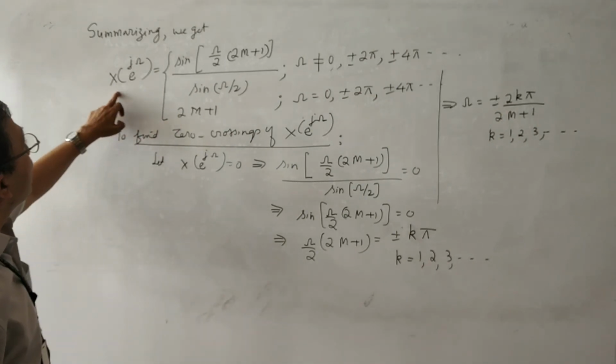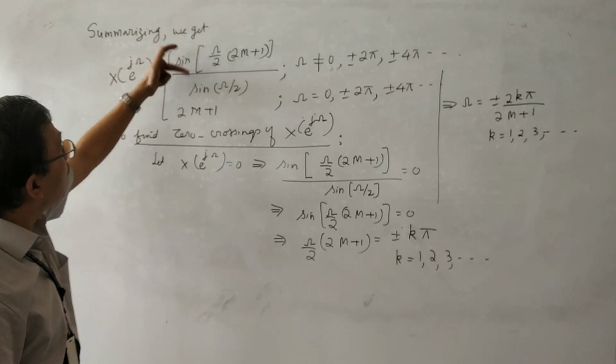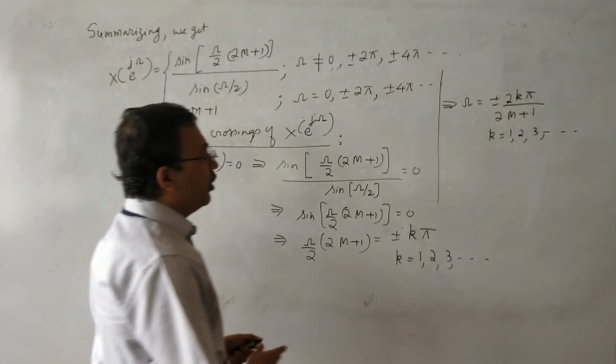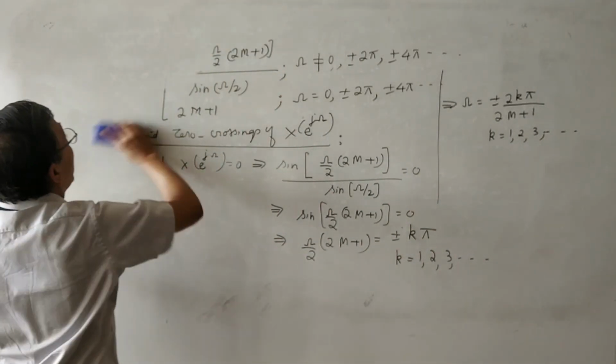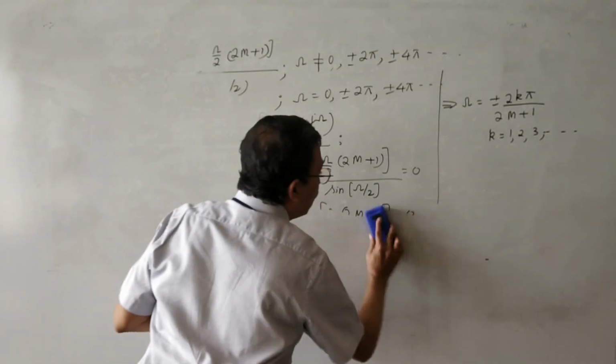So I said that this is like the sine AX by sine BX form. We get an oscillating function. That function I am going to plot now, from minus pi to plus pi. You will see the board now.